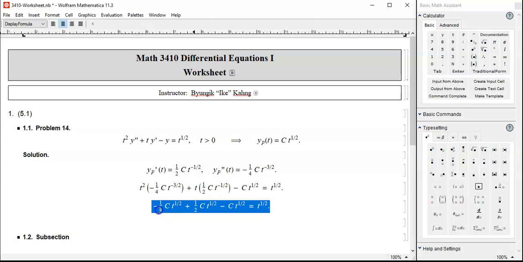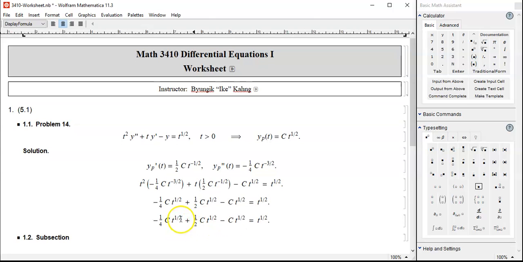Let me take a shortcut, just copy and paste, and remove these 1/2 powers, and then we have equals 1. And what do we have? We have an algebraic equation to solve. Solve this equation, you're going to get the C value, and that will be your particular solution.